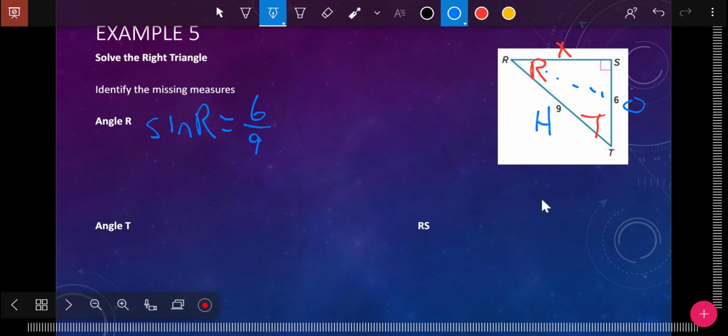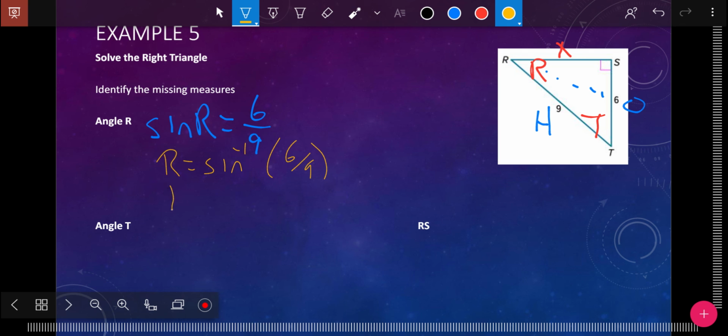So again, now I'm going to have to do R equals inverse sine of 6 divided by 9, and then use your calculator. R equals, I'm going to use my calculator, inverse sine it, I get 41.8.